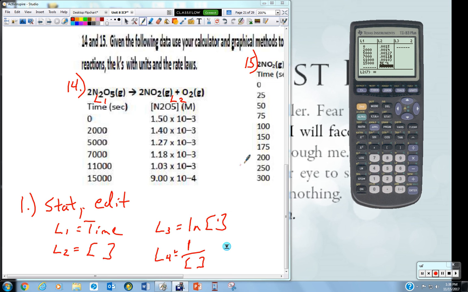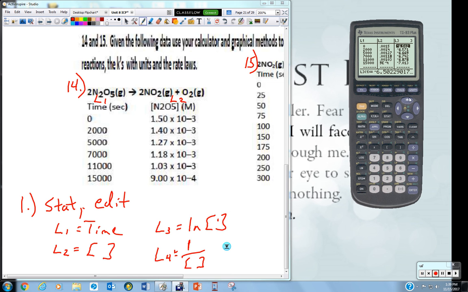Yeah. So to do a batch edit, you're going to go all the way up to the top and where your cursor is highlighting the L3. And so we want everything in this column to be Ln of the concentration. So I'm going to go Ln second, and I think L2 is the number 2 button. So you'll do Ln L2, and it'll put those numbers in for you.